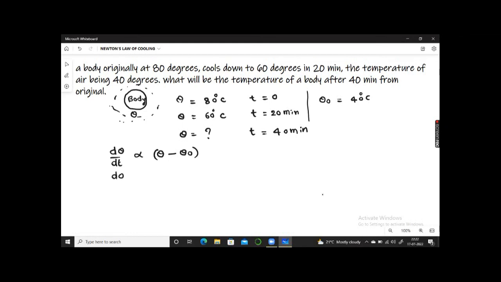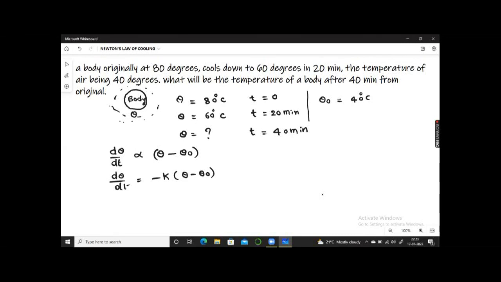So d theta by dt is equal to minus k into theta minus theta naught. Here remember, k is constant, and one more thing is I have kept k with a minus sign. Why? Because I don't know whether theta is greater than theta naught or theta naught is greater than theta. So in such cases, generally we put minus sign here. So d theta by dt is equal to this, this is the equation.